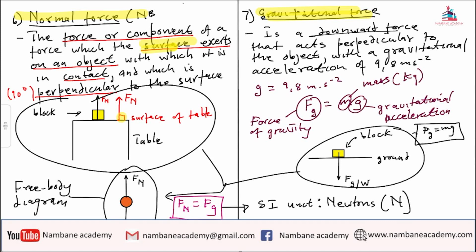And we agreed to say it acts perpendicular to the object and with an acceleration of 9.8. So the 9.8 is a constant, and it will be given in the formula sheet.